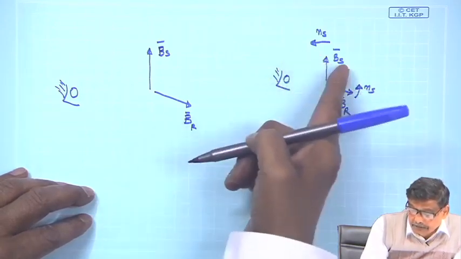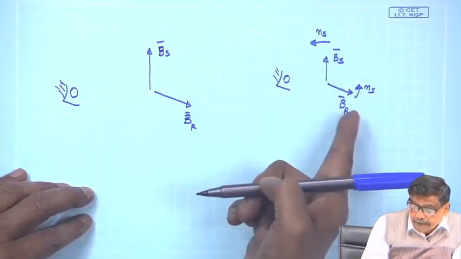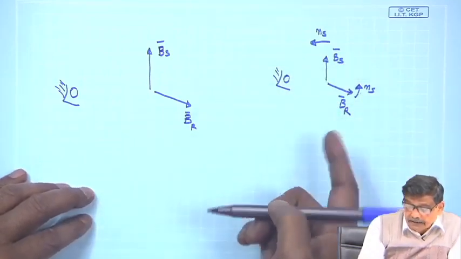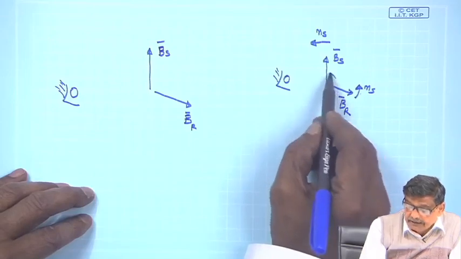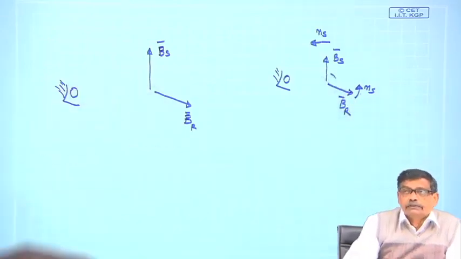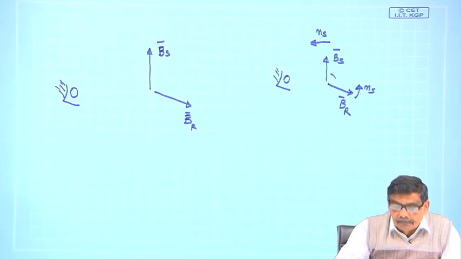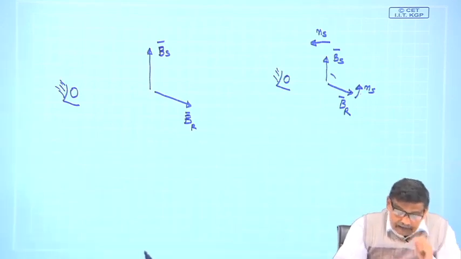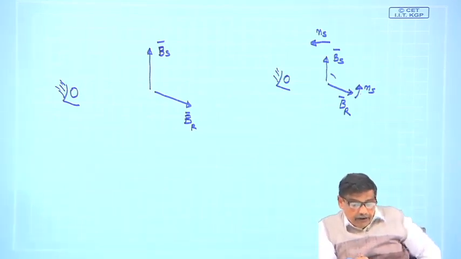Whatever speed he sees for Bs, the same speed he must see for Br, such that the angle between them is constant and it will have a rotating magnetic field. I hope you have got the point.